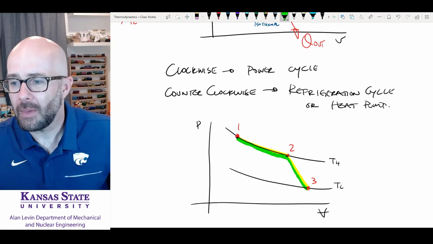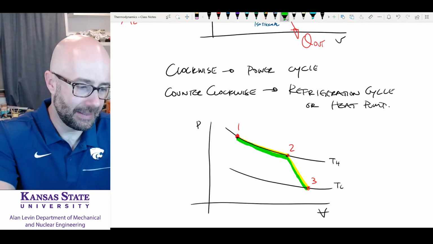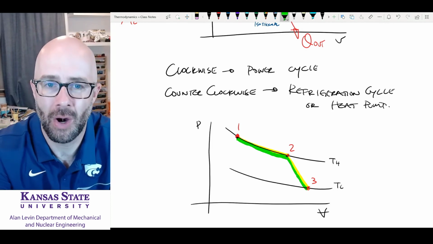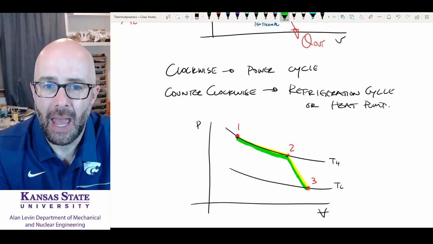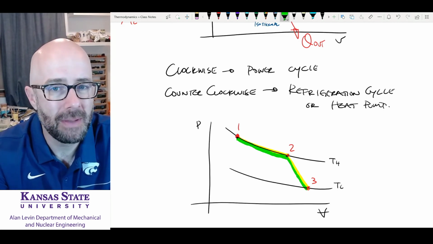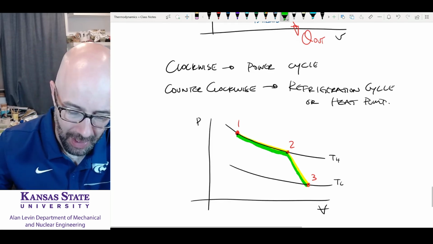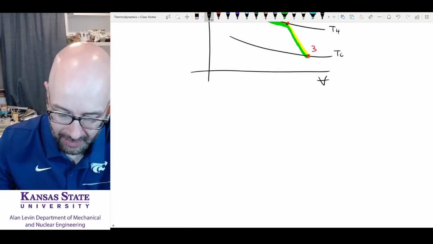Alrighty. These are important ideas that we need to understand about the Carnot cycle. Your problems for the Carnot cycle are going to be very similar to the chapter 2 problems, where you now have 4 processes.